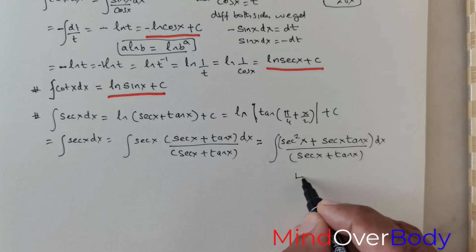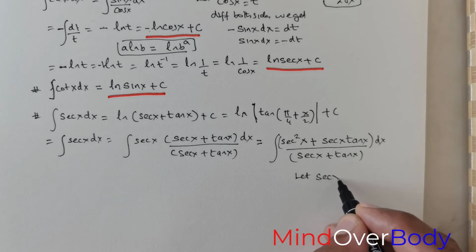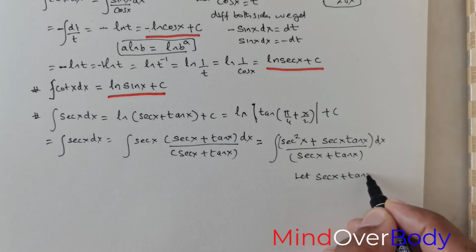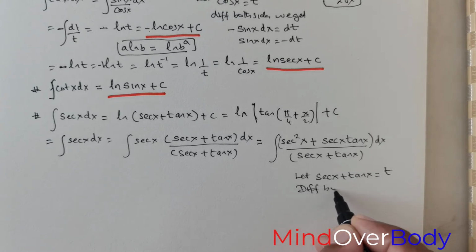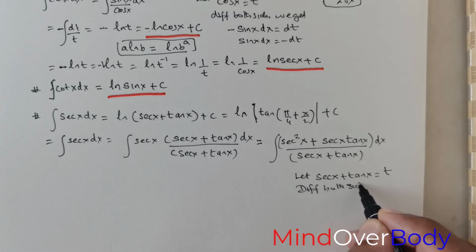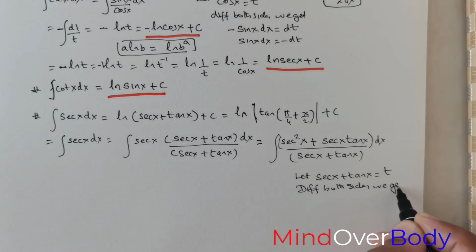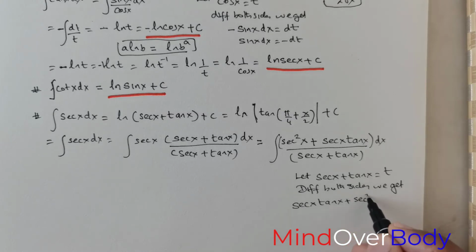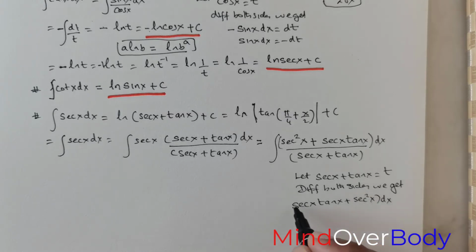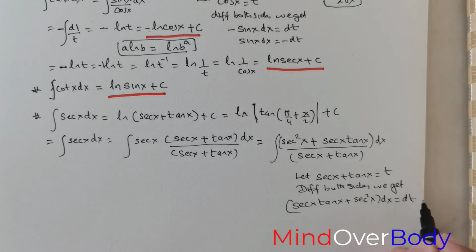Now let me make the substitution. Let secant x plus tan x be equal to t. Differentiating both sides, we get the differential of secant x as secant x tan x, and the differentiation of tan x is secant squared x, with the differential operator, and that is equal to dt.